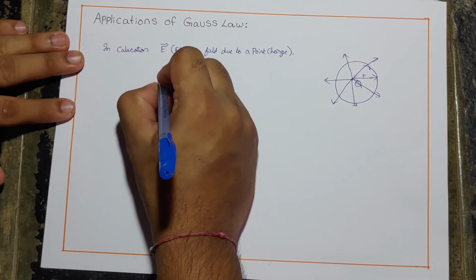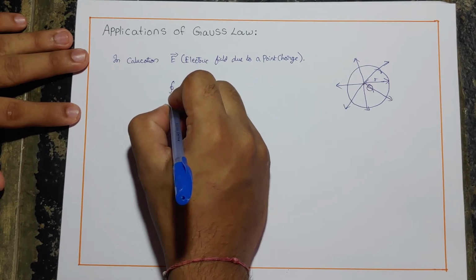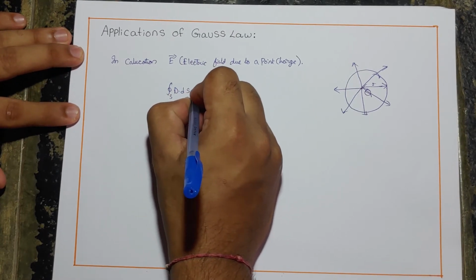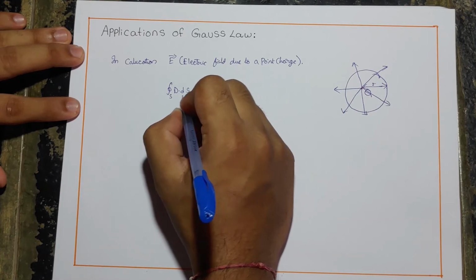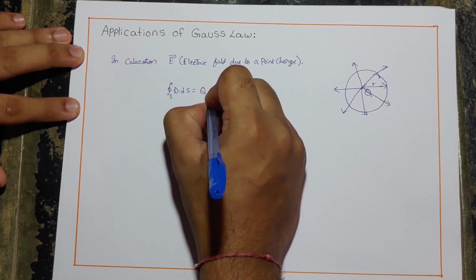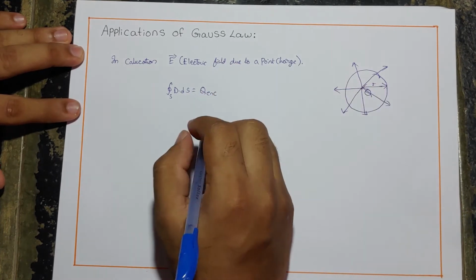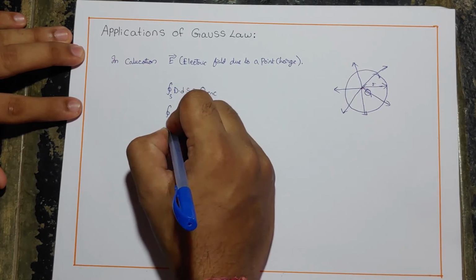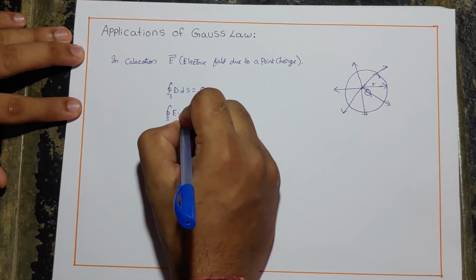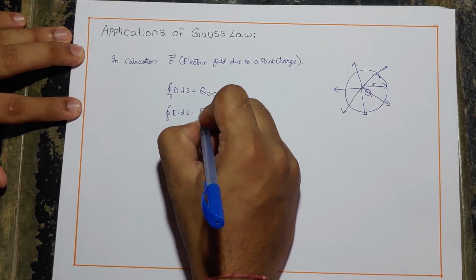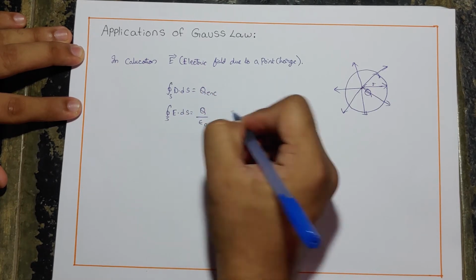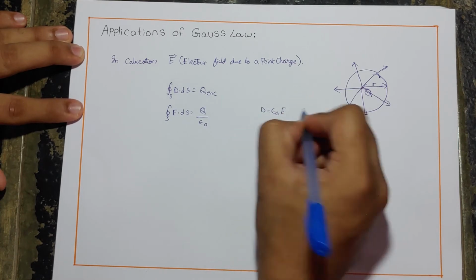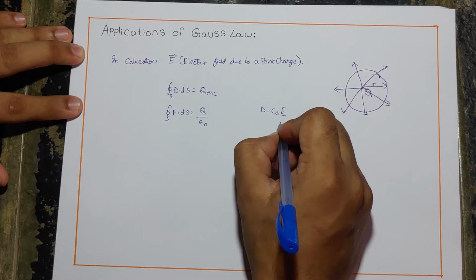We know that according to Gauss law, closed surface integral of D dot dS is equal to Q enclosed. Now let us split it into closed surface integral of E dot dS is equal to Q by epsilon naught, where we know that D is equal to epsilon naught times E, as E is an electric field.